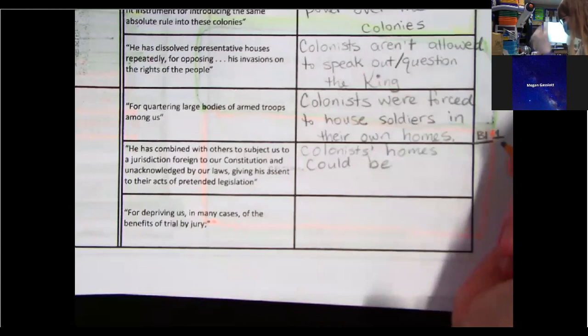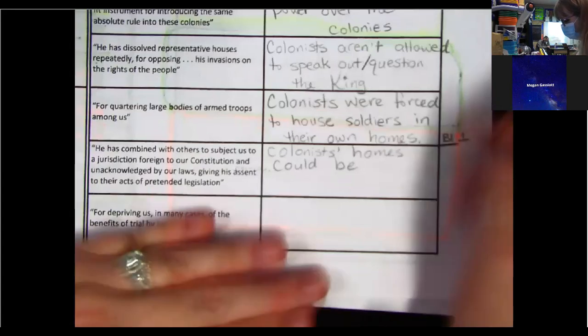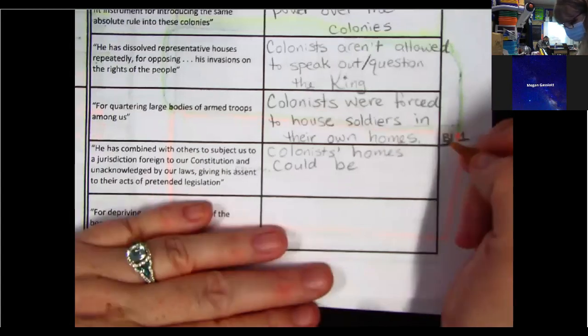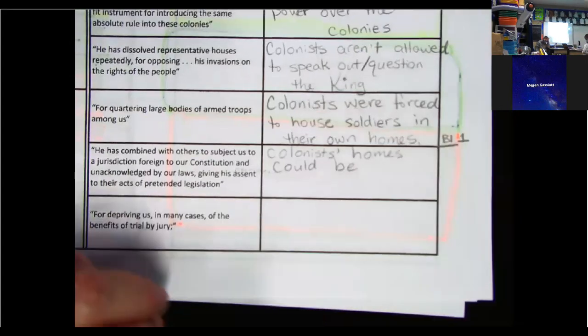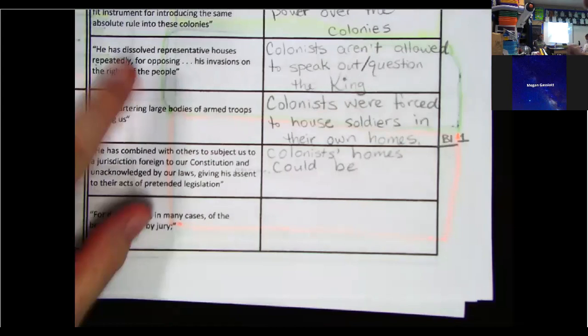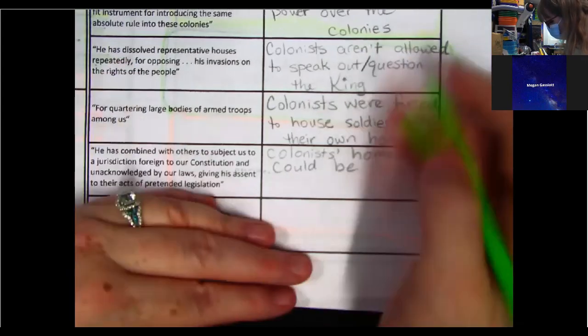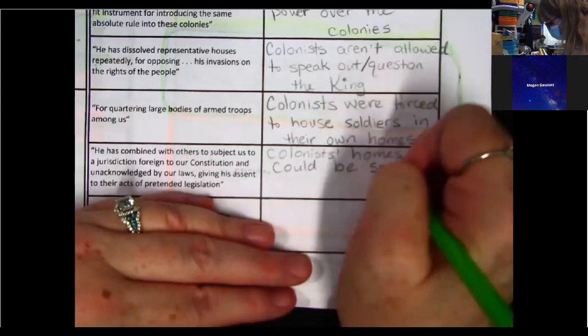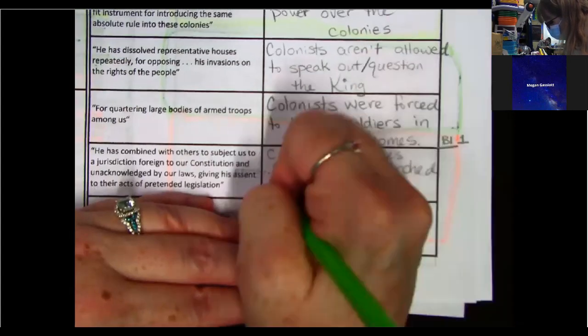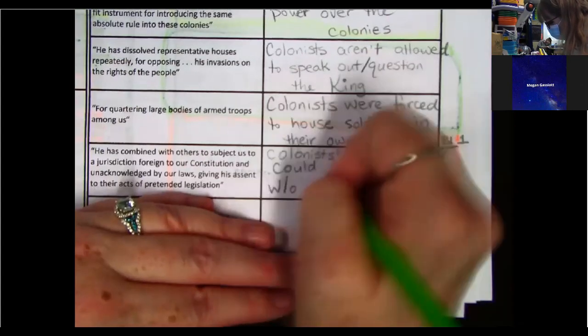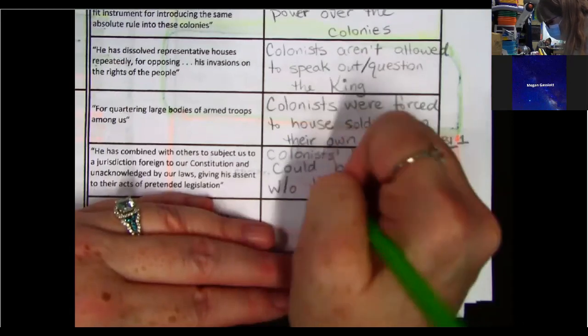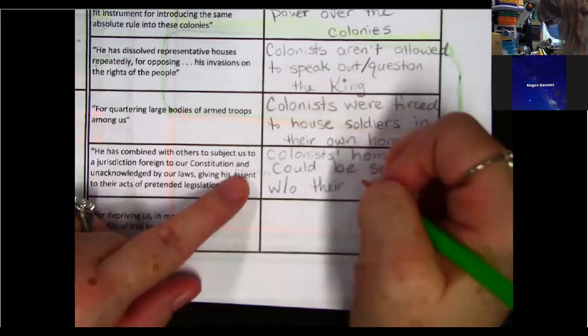No, what do we say could happen to their homes, guys? This is part of that Townshend Act. Oh, you might allow them to go in their house and search it. There you go. Colonist homes could be searched without their permission. See the word assent, meaning permission.